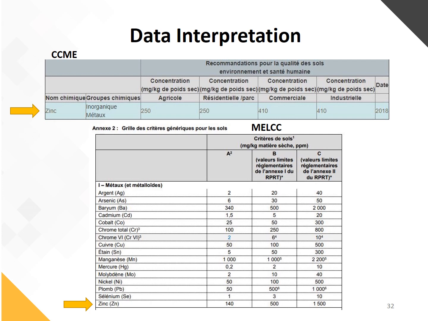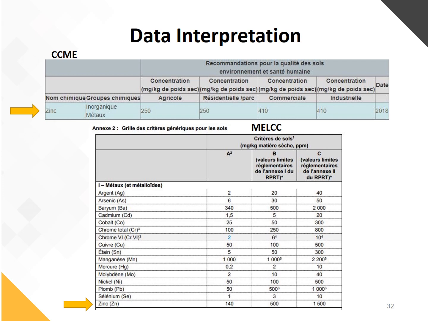So this is how you would interpret the concentration of zinc if you were on the reserve. But if you were on provincial land, you would go with the general criteria of the Ministère de l'Environnement. Here, if you see the zinc at the bottom of the chart, for the A criteria, you can have a maximum of 140 milligrams per kilogram. And for criteria B, which is residential, it's 500 milligrams per kilogram.